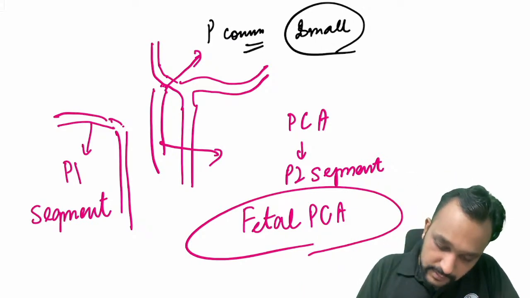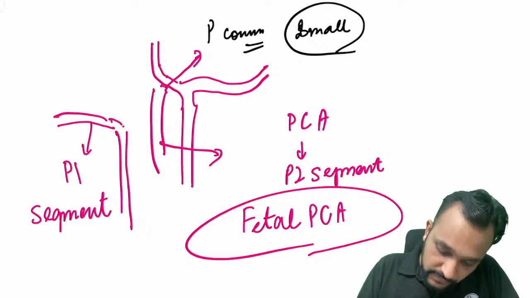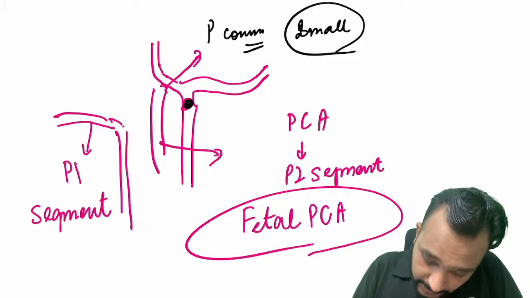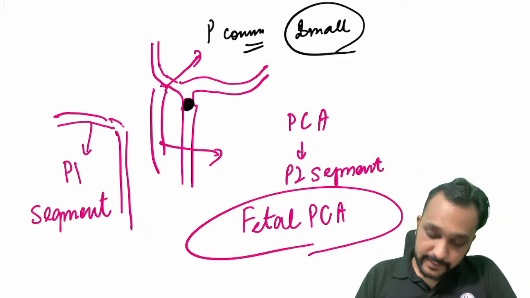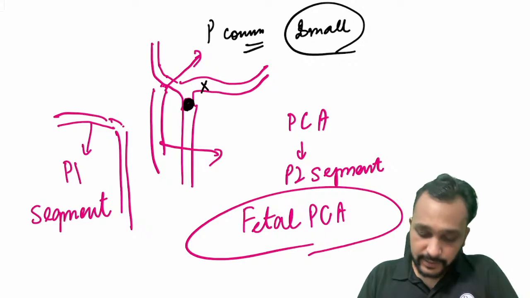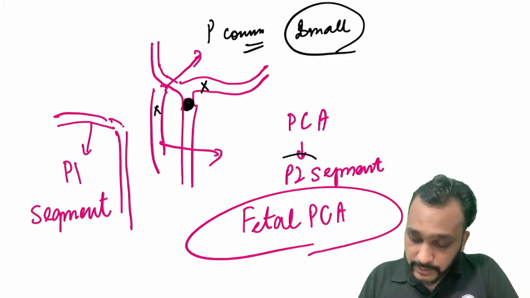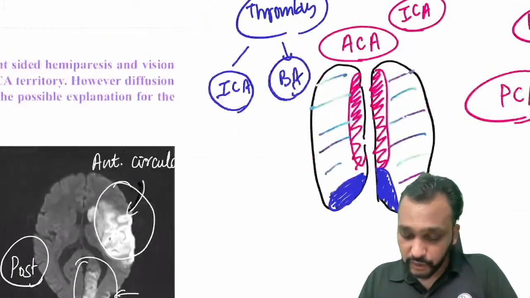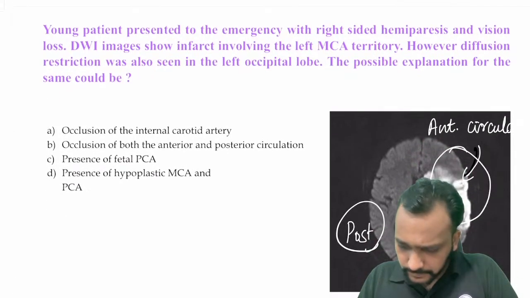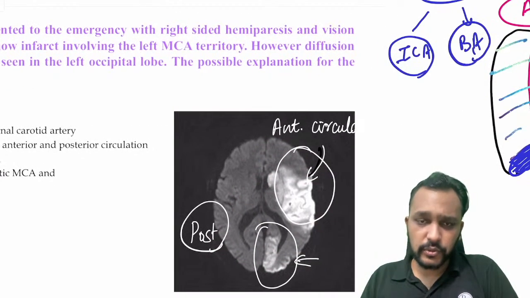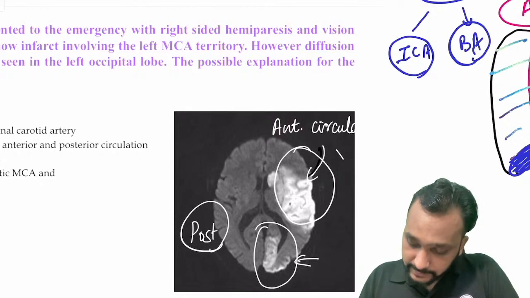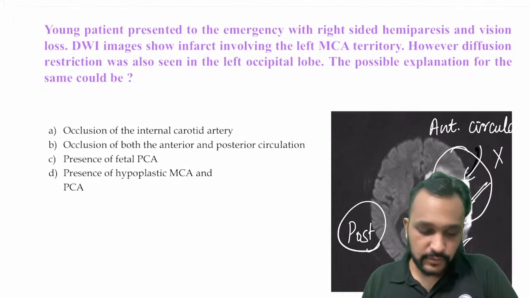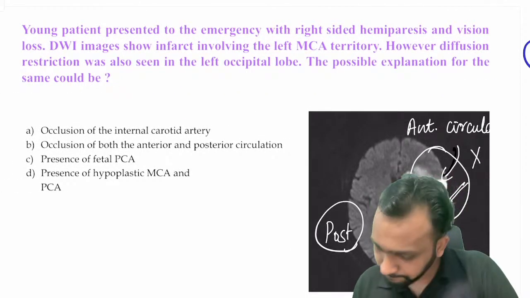So if there is any thrombus within the internal carotid artery, it can result in decreased blood supply to the MCA as well as decreased blood supply to the P2 segment of the PCA, and in this case this patient can have a stroke involving the anterior circulation as well as the posterior circulation, right?